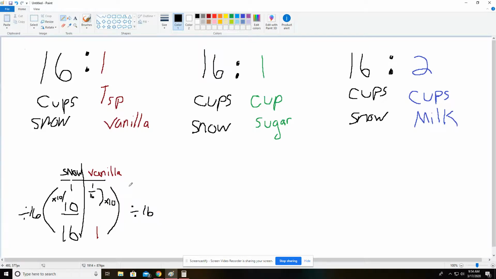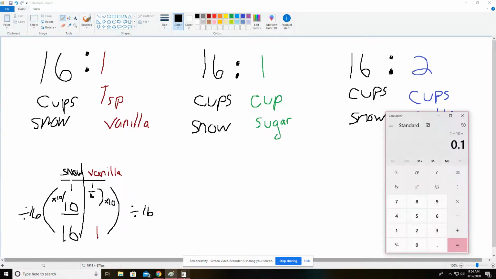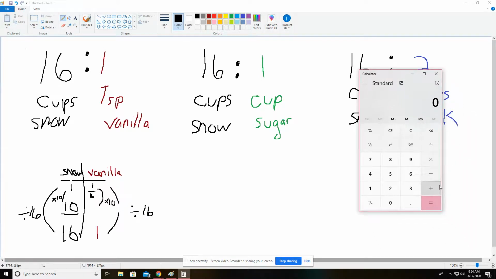Here's the tricky part. My calculator and the ones that you probably have at home may not do fractions. So what we could do is turn this 1/16 into a decimal. We just do 1 divided by 16, because remember, a fraction is just like a division problem.